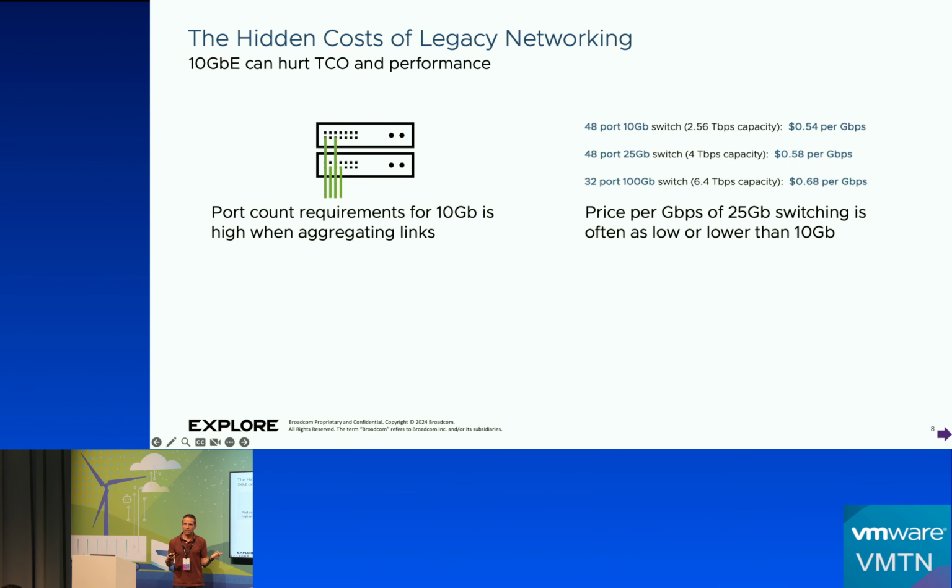So next up, and I get asked this a lot, well, how about link aggregation? That's great, isn't it? Well, it can serve a purpose, but generally for host-based connectivity, I don't like it and I never recommend it. But there's a hidden cost to it that is beyond the technical reasons why I don't like it. One is that it burns up your port counts within the switches themselves.